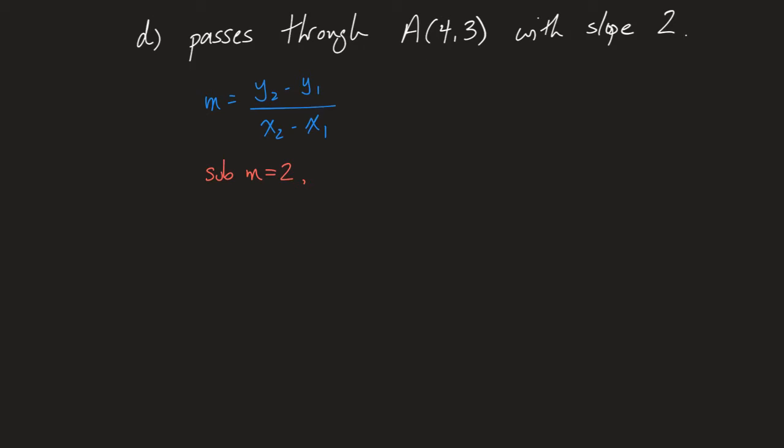So maybe I call that one my x1 and y1. That would be my point 1 because it was one of the points that I know. So I could replace my x1 with 4 and replace my y1 with 3. Now, this is what I say about don't copy this down yet, because what that would give me then is a slope of 2 equals y2 minus 3 over x2 minus 4.